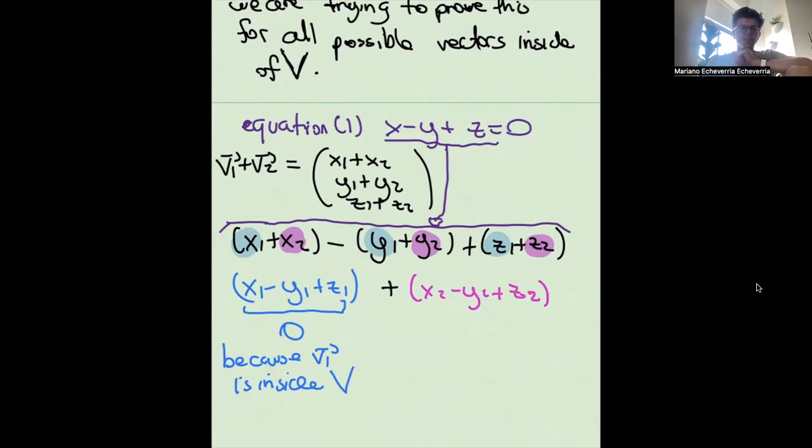Is that making sense? So that combination of the entries equates to 0. And the other one is 0 also by the same reason, because V2 is inside V.